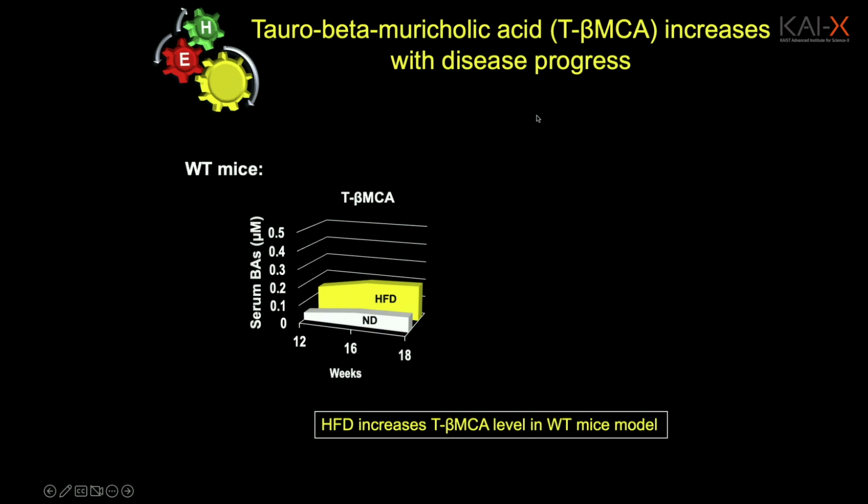Now again, because you're an inflammatory bile acid, it's not telling you how it's causing that inflammation, but this is an inflammatory bile acid, and in particular, it's increased, as you can see here, on a high-fat diet more than double.